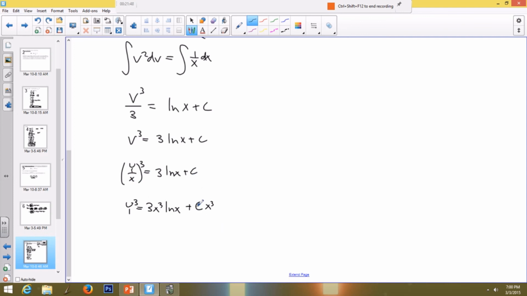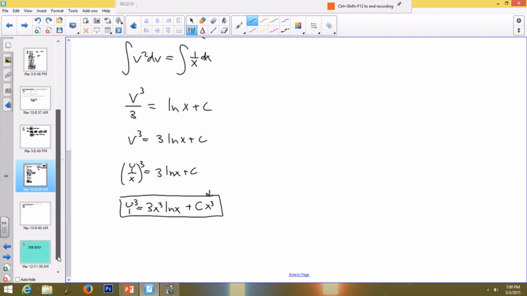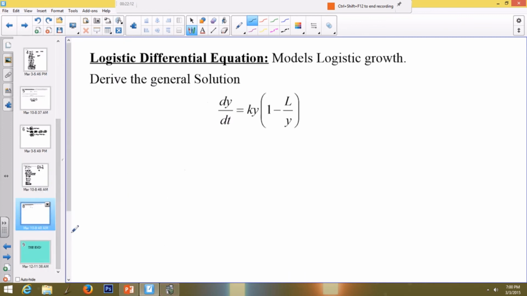Now, normally in the past, we just said we're combining a constant. I can't really do that here because x is a variable, so I have to have some constant c times x to the third. And for this, we will leave it just like that. It's our final answer.